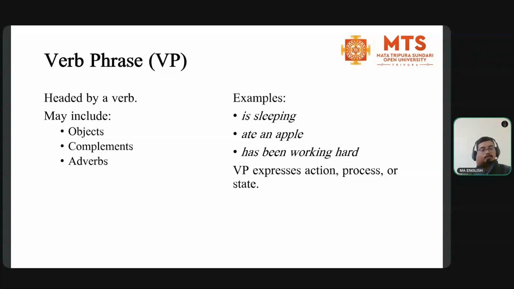You remember I have already said earlier in this lecture, a noun phrase inside the verb phrase. Ate an apple is the verb phrase, and an apple is a noun phrase inside it. Right? So verb phrases are very important because they complete the meaning of the sentence. Without a verb phrase, a sentence is incomplete.